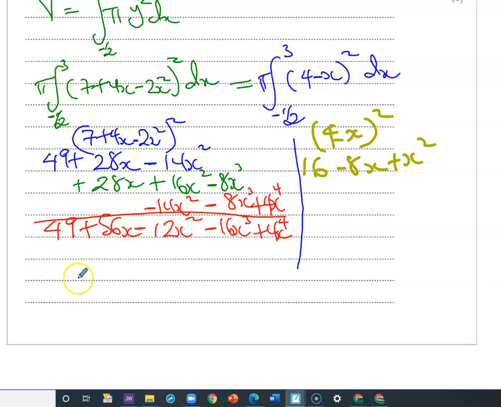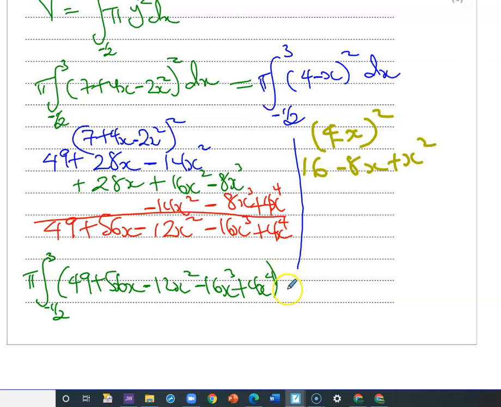Okay, having now arrived at both expanded forms of the bracket, we can now return to our integral equation. So what we have now is the integral of pi going from -1/2 to 3 of 49 add 56x minus 12x squared minus 16x cubed plus 4x to the power 4, and that should be equal to the integral of the right-hand side.